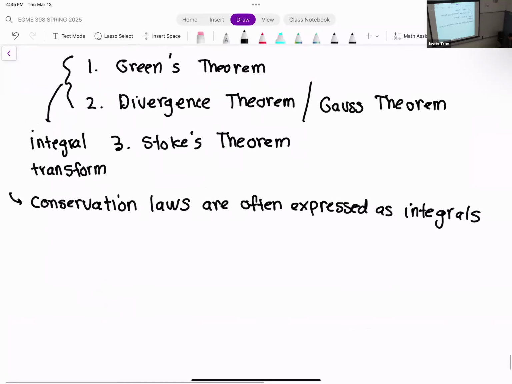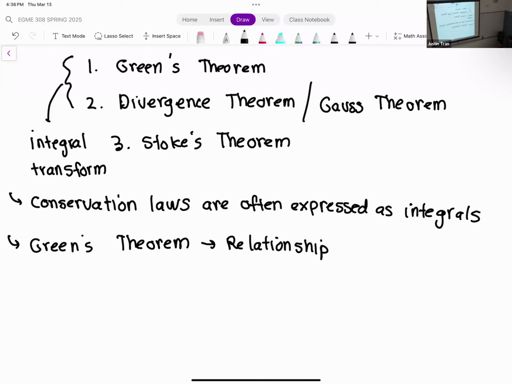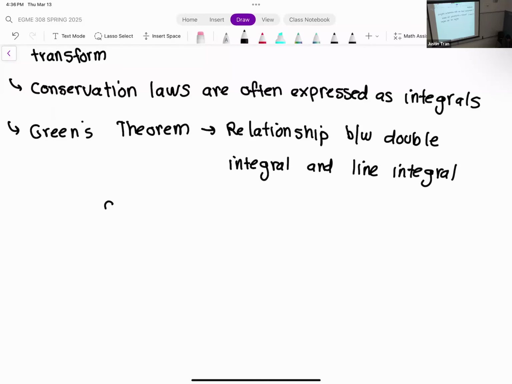Green's theorem is a relationship between a double integral and a line integral. Basically, it's going to look something like this.